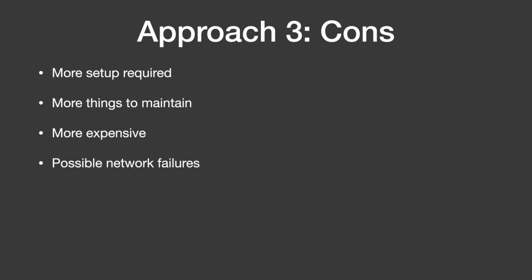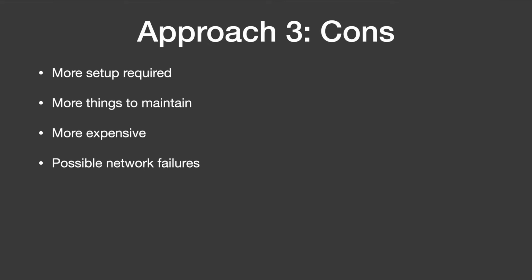There are a bunch of problems associated with this approach too. The first is, given you have to maintain S3 now, you have to set it up, which requires setting up an AWS account, doing a bunch of integrations, so that is some overhead you have to go through. You have more things to maintain. Now that you have S3, that's another system to maintain, which can get more expensive.